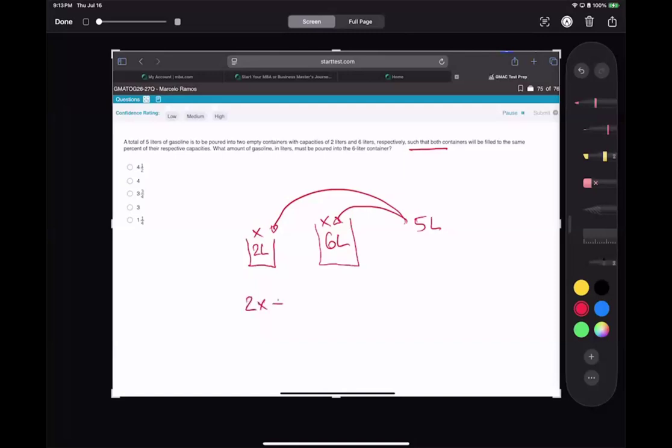So 2X plus 6X is equal to 5. Do you guys agree? 8X is equal to 5. Let's see the fraction: 5 over 8. So 5 over 8 will be here and here, from 2 and 6. He wants from 6.